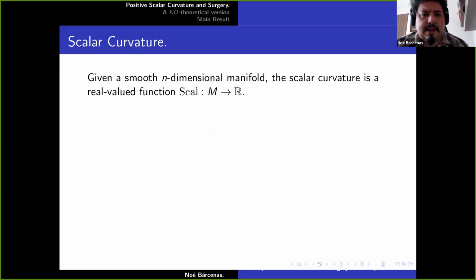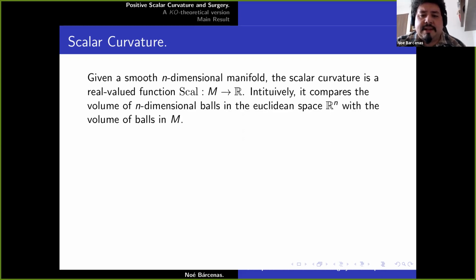So let me please just define a little bit of what the problem is about. Scalar curvature is a real valued function defined over a manifold.